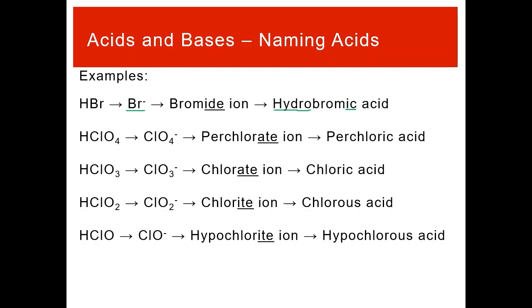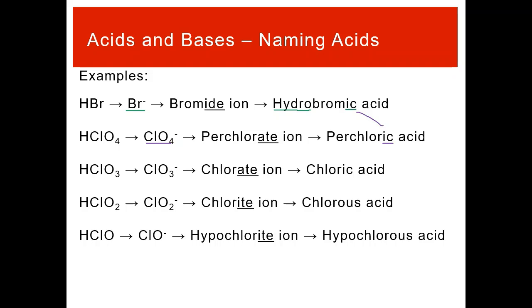If we end with just ATE, for example, if we had perchlorate, we take the ATE and turn it into ic. So with ATE, we have that same ic ending, so we'll note there are two of them. The difference is whether or not you put the hydro in the front. That corresponds to ide, so bromide becomes hydrobromic. Perchlorate just becomes perchloric, not hydroperchloric.